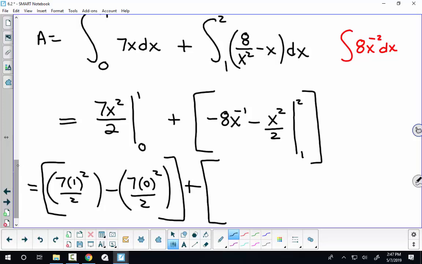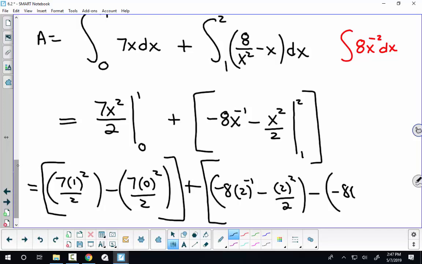Evaluated at 2, we have negative 8 over 1, minus 2 squared over 2. So that's that antiderivative at b, minus 8 times 1 to the negative 1 minus 1 squared over 2.